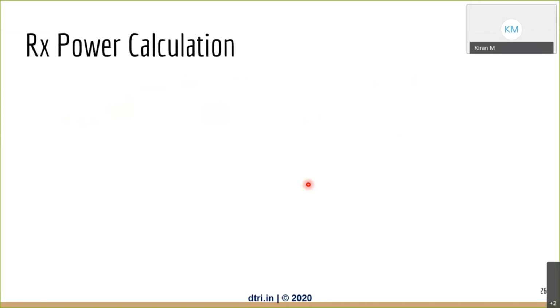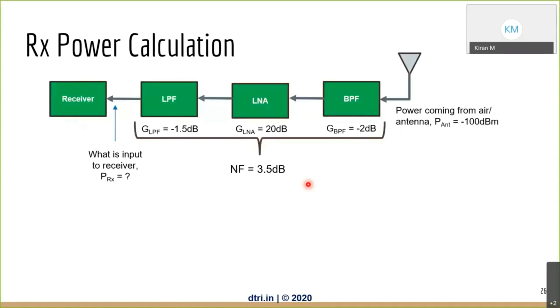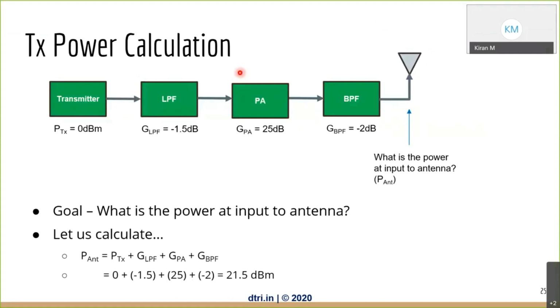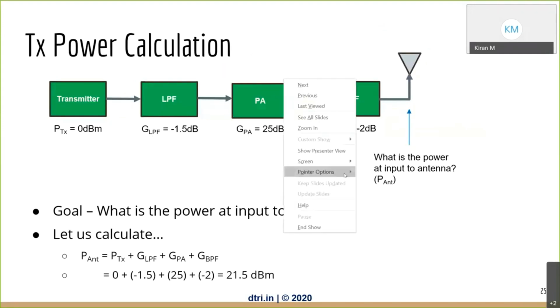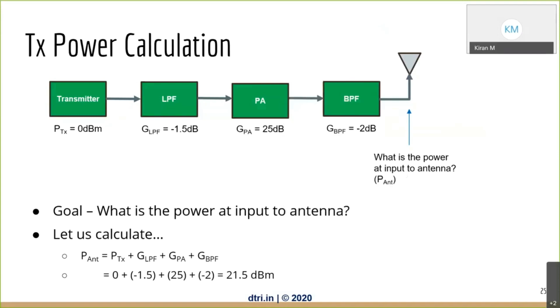Let's look at the RX receive side power calculation. So this is a receiver. Remember on the slide, for the transmitter the TX power was going like this, and it was going through the antenna to the air interface.